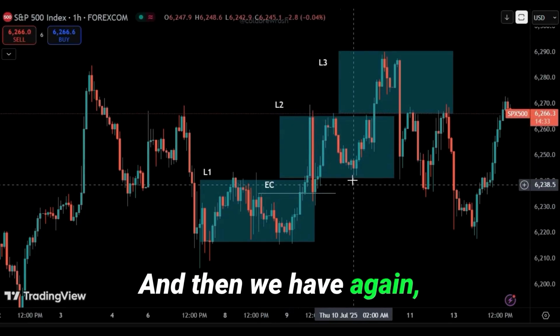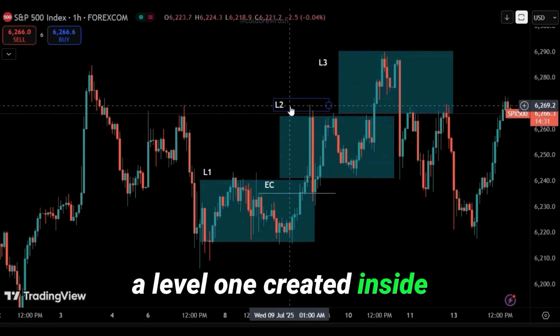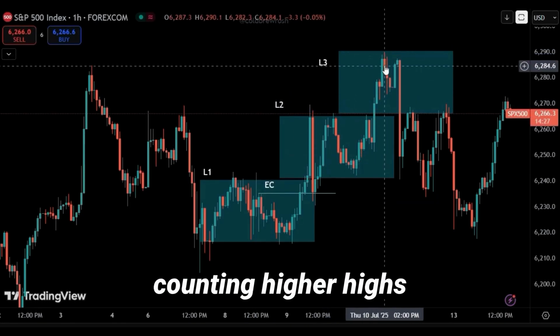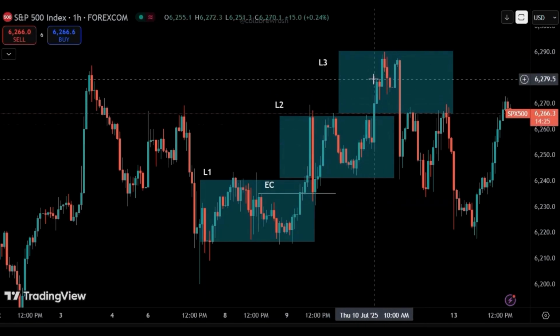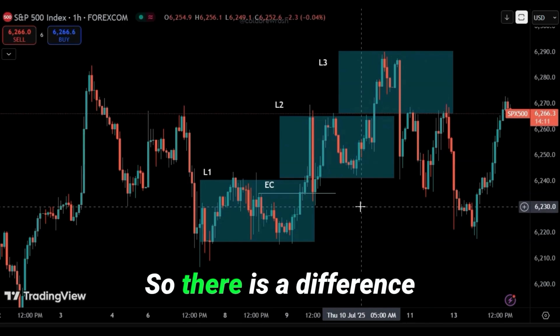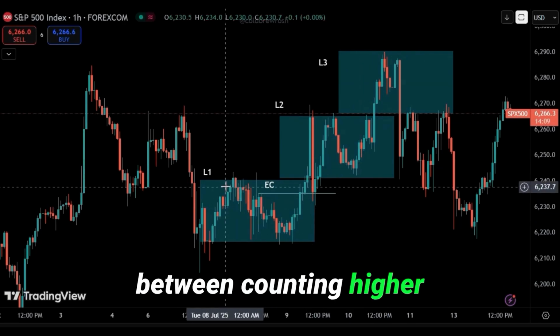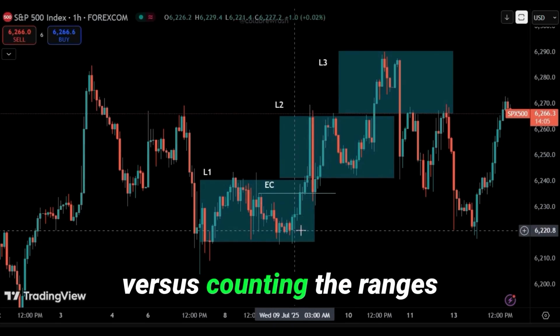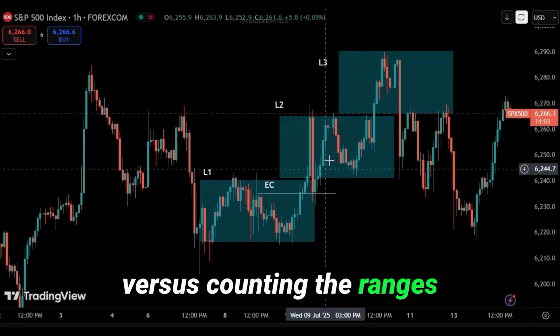Then we have again a level 1 created inside of this level 2 range, and level 2, in terms of counting higher highs, completes at this level 3. So there is a difference between counting higher highs and higher lows versus counting the ranges of the market maker model.